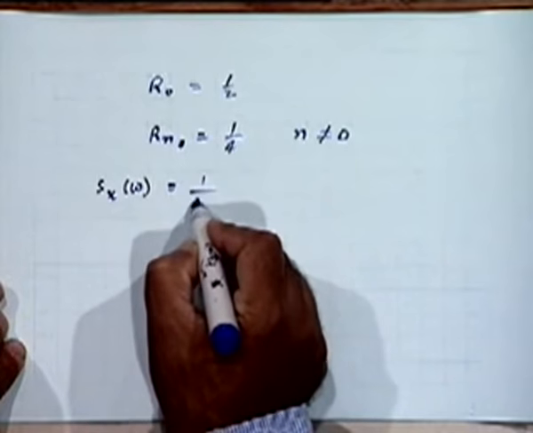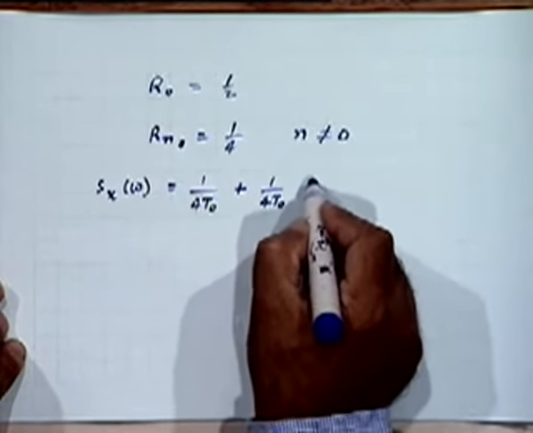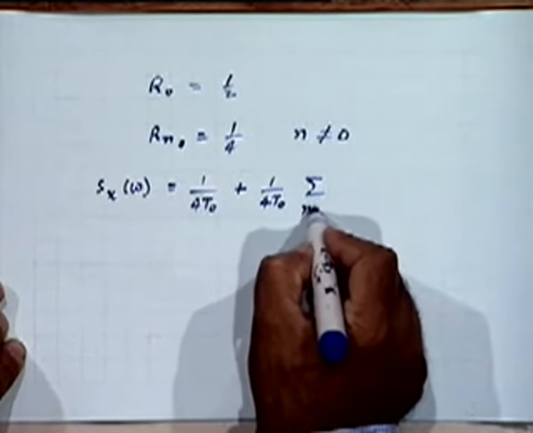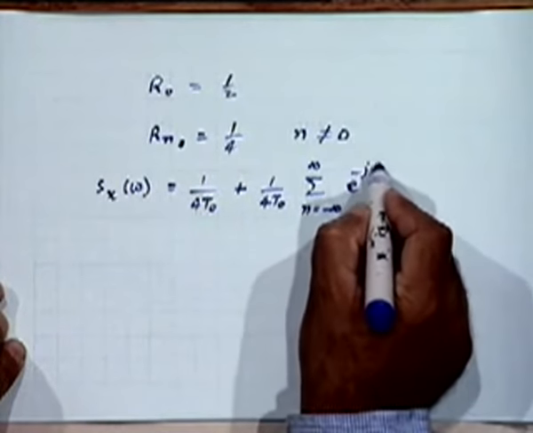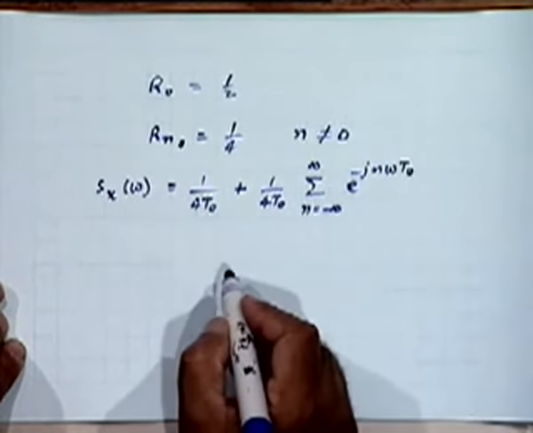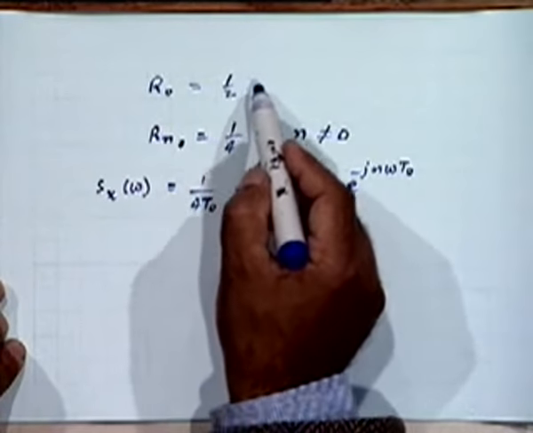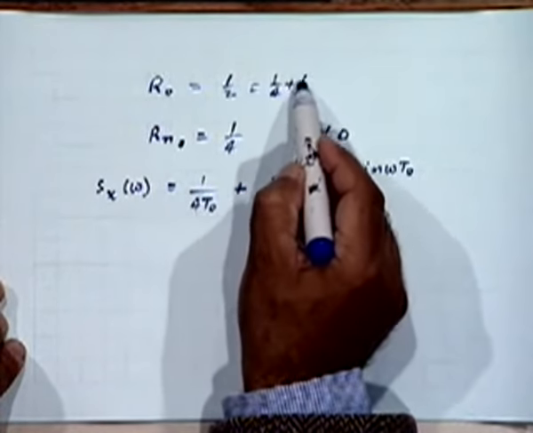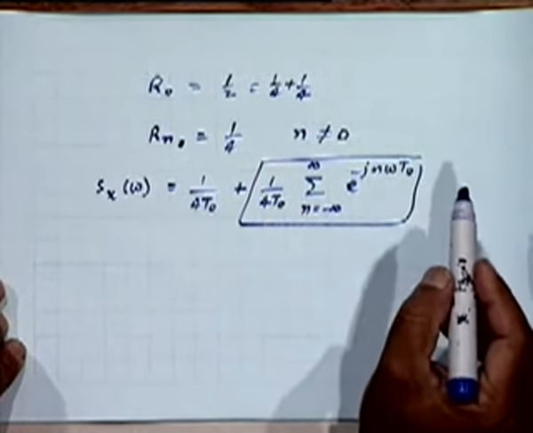We get 1 by 4 T0 plus 1 by 4 T0. This is the complex exponential form that I have taken. I have deliberately split the R0 term into 1 by 4 plus 1 by 4 so that I can write this, right?